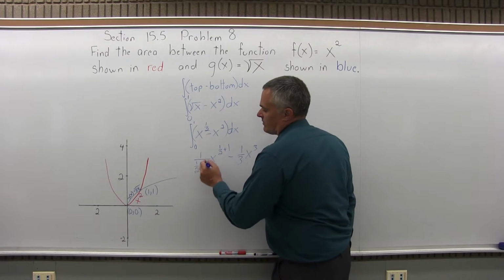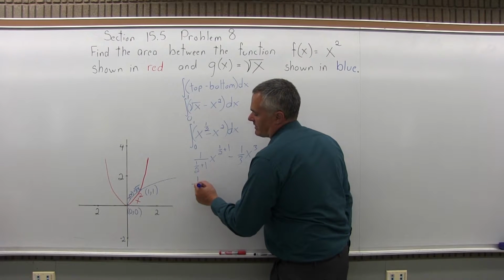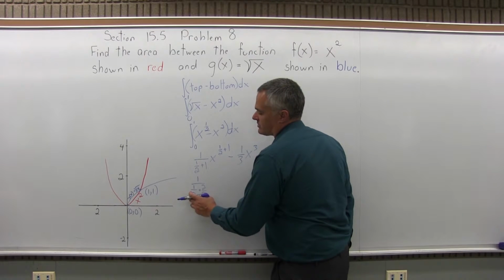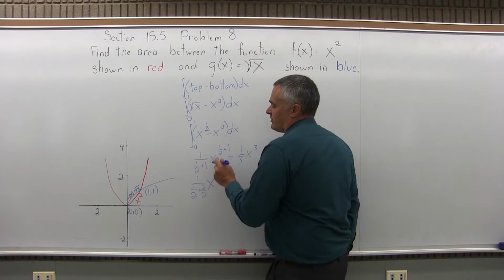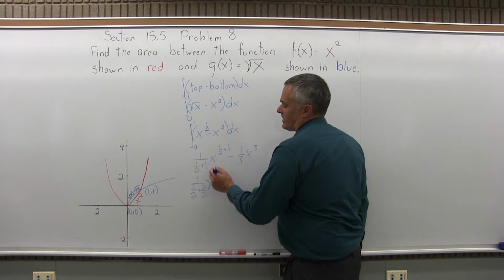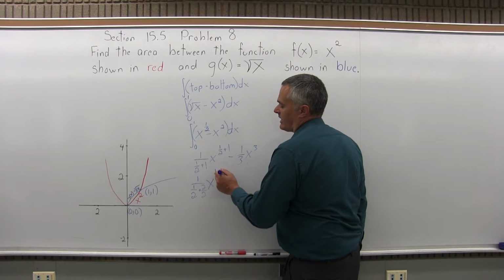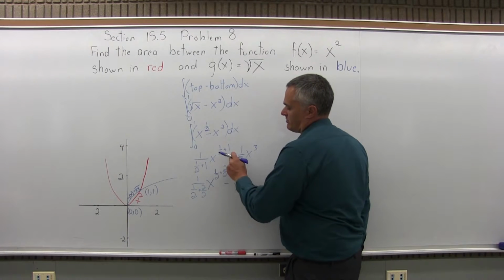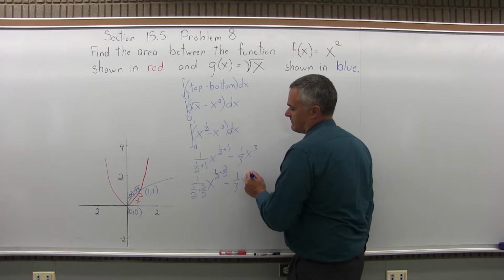So instead of 1/2 plus 1, let me write that as 1 over 1/2 plus 2 over 2, because the 1 I'm going to change to a 2 over 2, so I'll have a common denominator. And I'll do the same thing in the exponent, x to the, instead of 1/2 plus 1, 1/2 plus 2 over 2. Then the other piece, 1/3 x cubed, can stay. Just make sure you remember that it's a minus.